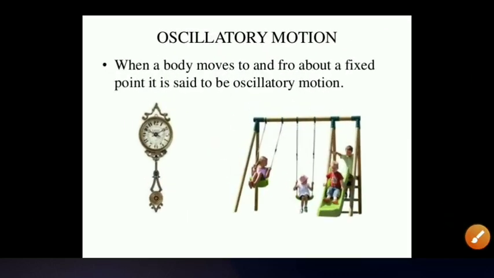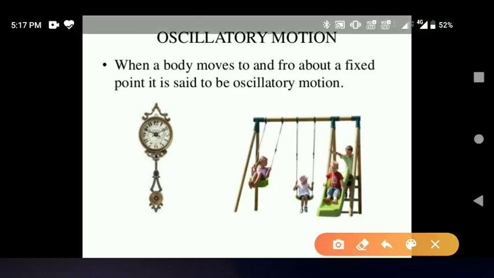Oscillatory motion. Oscillatory motion can be best explained with the help of the motion of the pendulum of a wall clock. Here the pendulum as a whole moves back and forth about its mean position.